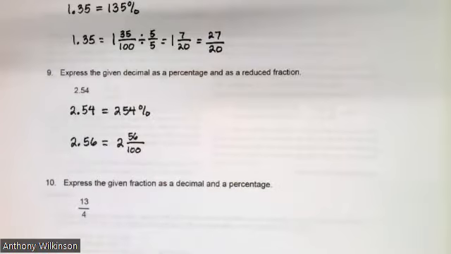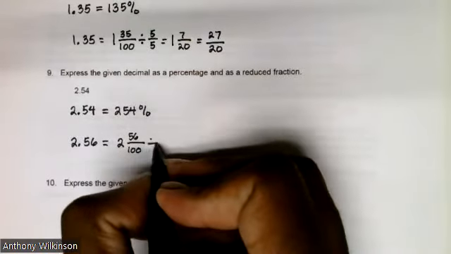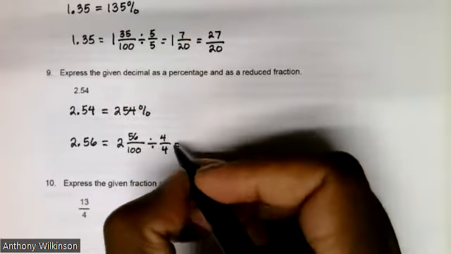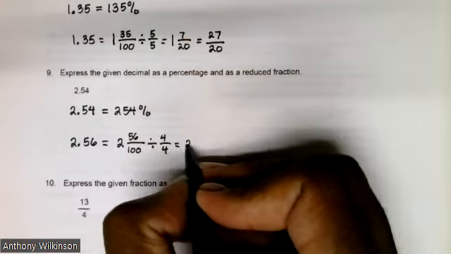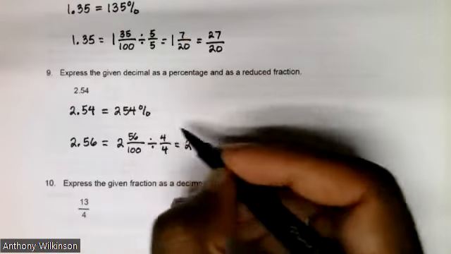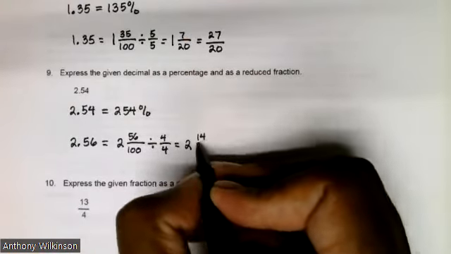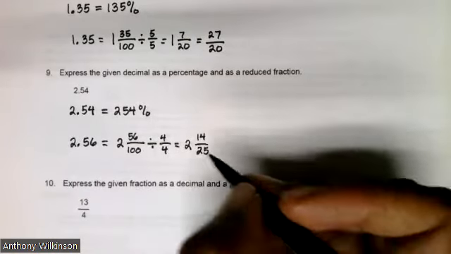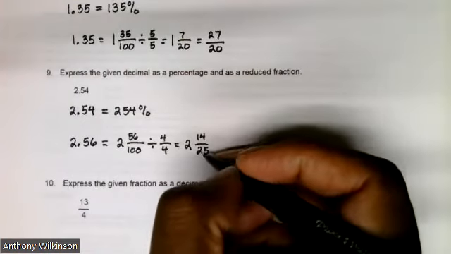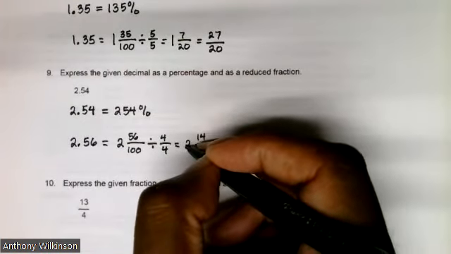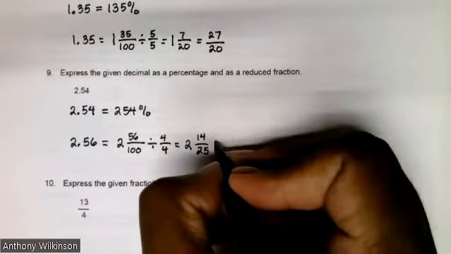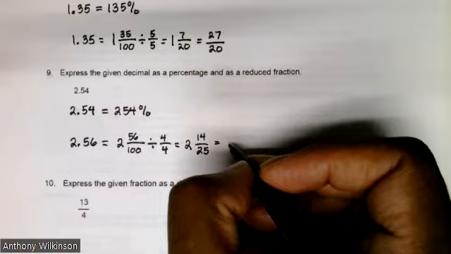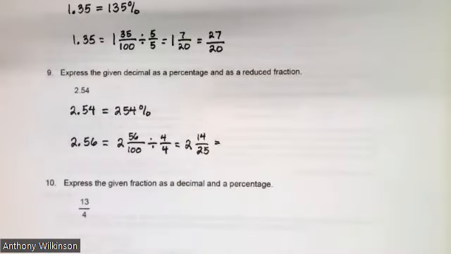And let me reduce 54 over 100 by dividing the numerator and the denominator, I'll say by 4, because I want the largest number that goes into 54 and 100. Bring this 2 over, 4 goes into 54 14 times, 4 goes into 100 25 times. And if I convert that to an improper fraction, 25 times 2 will be 50, 50 plus 4 would be 54.